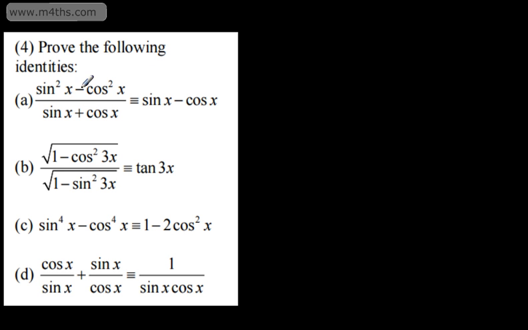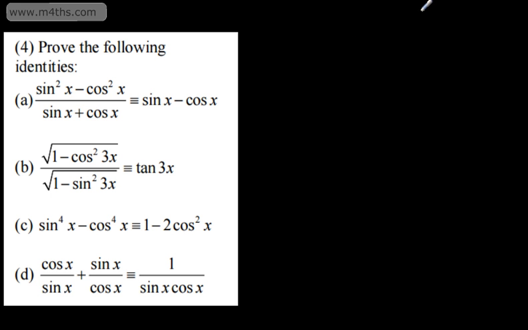With this particular one, I'm going to start on the left-hand side, the more complicated side, and show that I can write it like the right-hand side. Don't worry if you don't get these to begin with, they take a lot of time and a lot of messing about.